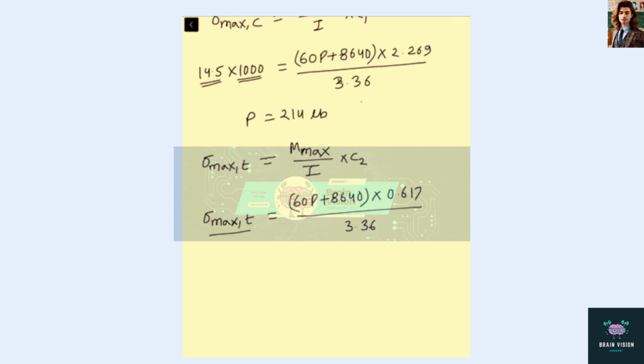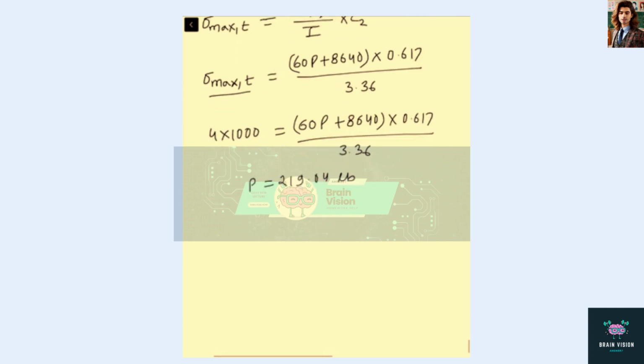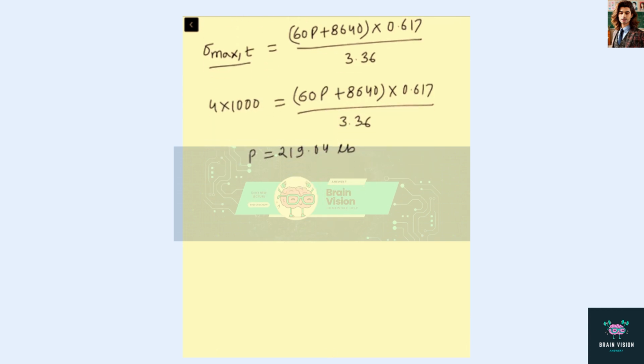Substituting the value for sigma maximum tensile, we get 4 multiplied by 1000 equals 60P plus 8640 multiplied by 0.617 divided by 3.36. So from here we get P equals 219.04 lb. Okay, so for the maximum compressive and tensile limit, the maximum value of concentrated load P is equal to 214 lb. So this is the answer for part B of the problem.